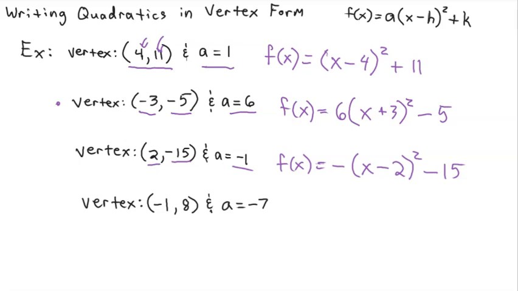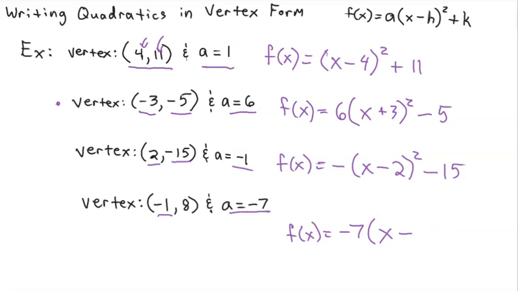Okay. And then the last one here, f of x equals, and our a is -7, so we're going to put a -7, parenthesis, x, minus, and then our h is -1. So it's x minus -1, but we're not going to do minus -1. We're going to do plus 1. Minus -1 is the same thing as plus 1.